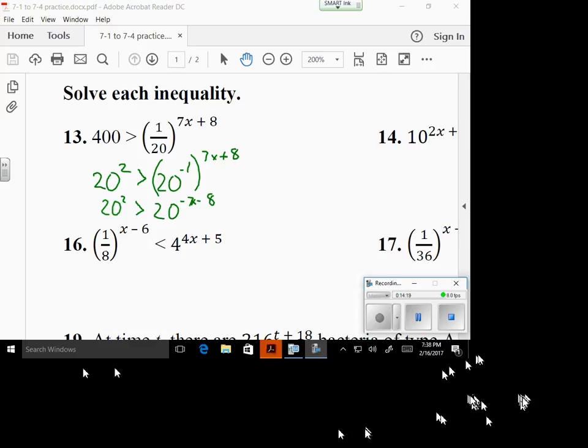Drop the bases. 2 is greater than negative 7x minus 8. Add 7x. Subtract 2. 7x is greater than negative 10. So x is greater than negative 10 over 7.